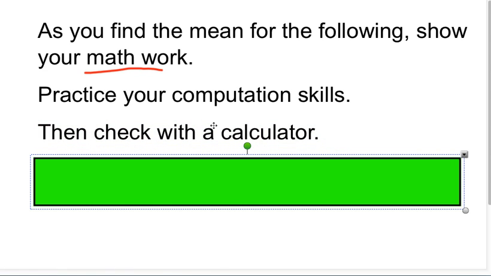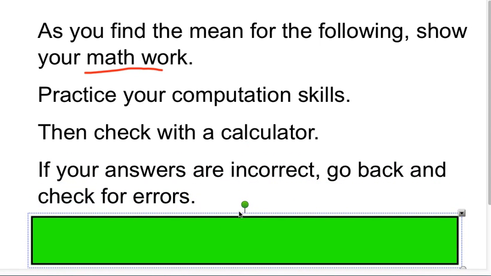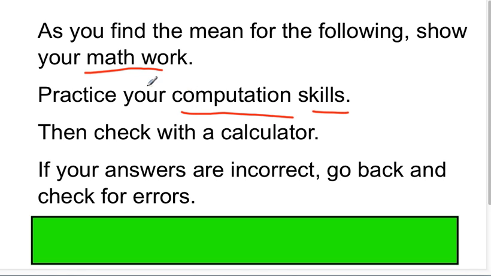Then you can check with a calculator if you need to, and if you find any errors in your mathematics, go back and correct them. So if your answers are incorrect, go back and check for errors, because our computation skills are always something that we can practice. Alright? So let's take a look at our first problem now.